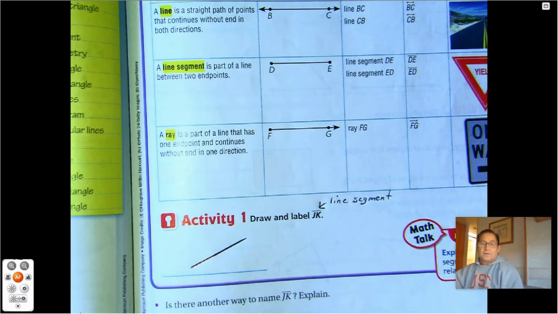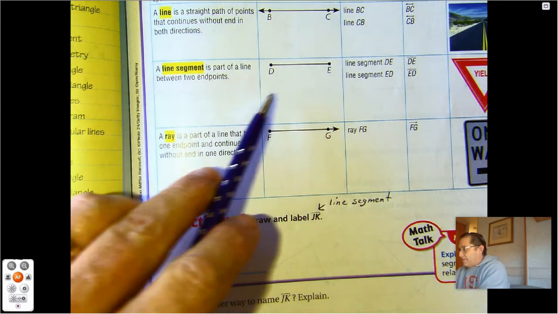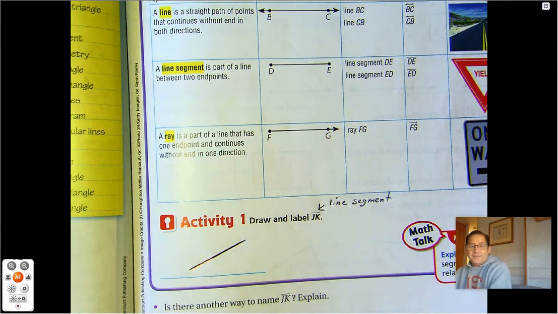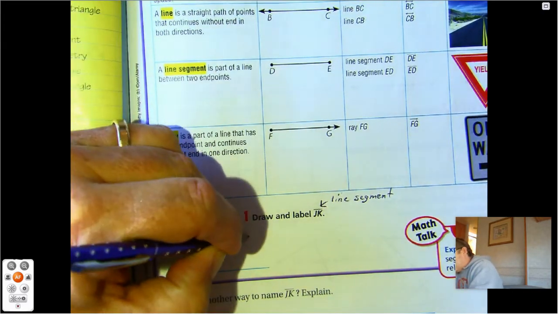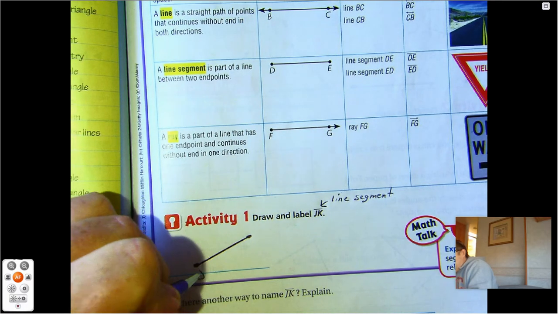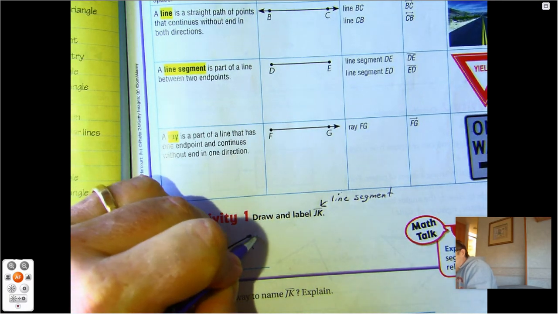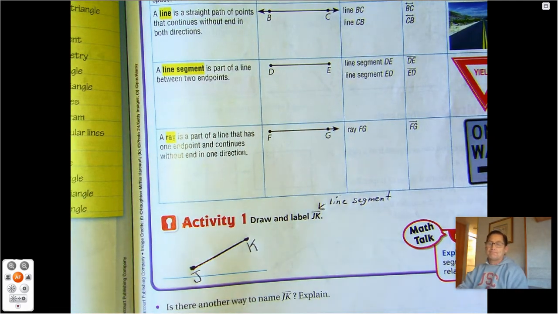Let's go back to line segment, and we notice that it has 2 specific endpoints. And it's J, K.